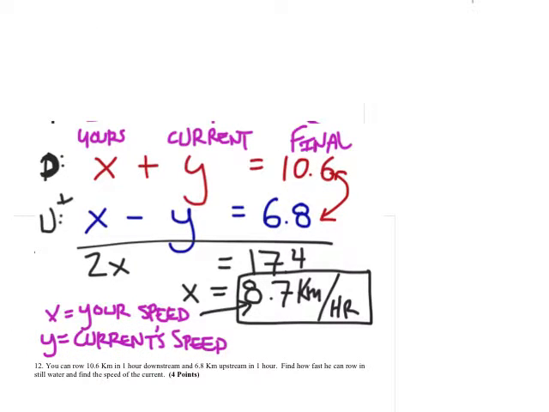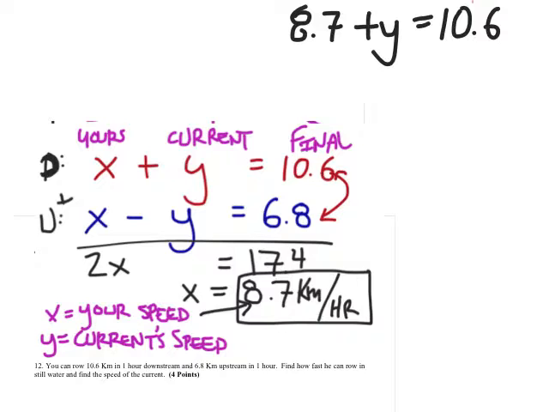Alright, so we have that x. Let's go ahead and use the downstream equation. So x, which is 8.7, plus y equals 10.6. So to find the speed of the current, let's subtract this 8.7.